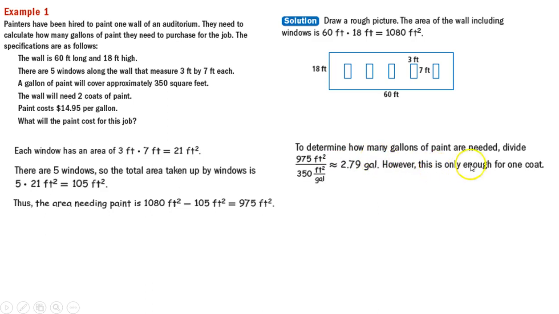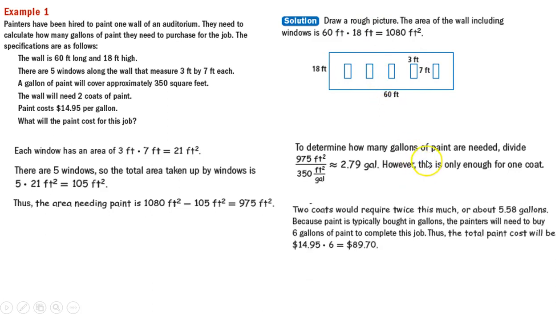However, that's only enough for 1 coat. So 2.79 gallons will cover just 1 coat of the area that we need to paint. We're going to double that because we need 2 coats, which is approximately 5.58 gallons, because 2.79 times 2 is 5.58.